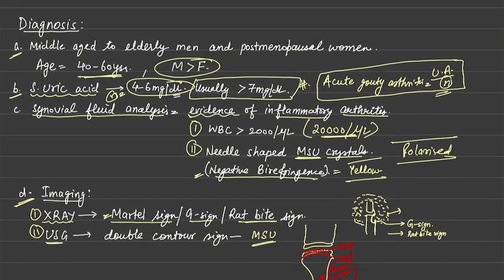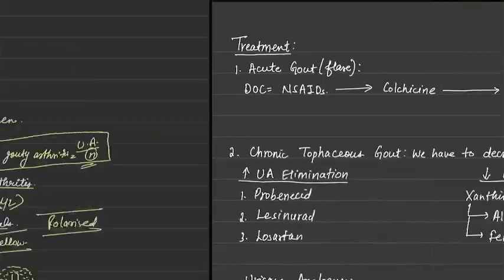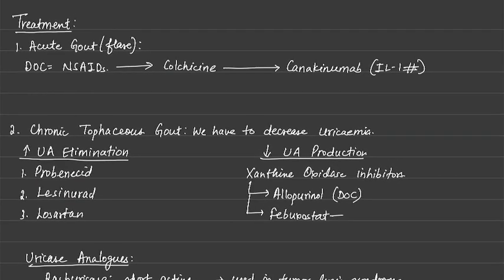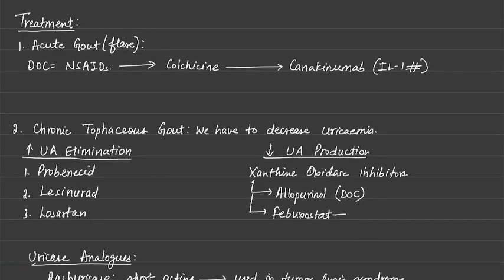Now, how will you treat a patient of gout? In case of acute gouty arthritis, there is basically a flare of inflammation. Here, the main problem is inflammation. So we have to give anti-inflammatory drugs. First of all, we give NSAIDs. Which NSAIDs?